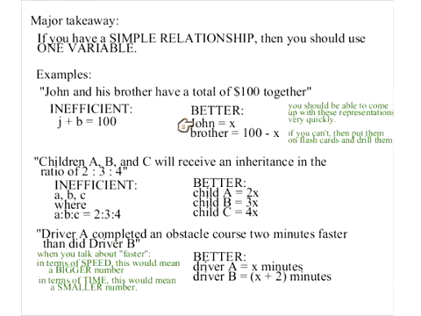A simple relationship is something that you can very easily express with a single variable. Like this is something that is very easy to do. If you have a total of 100, then you have x, and you have 100 minus x. If you have a ratio like this, then you have 2x and x.